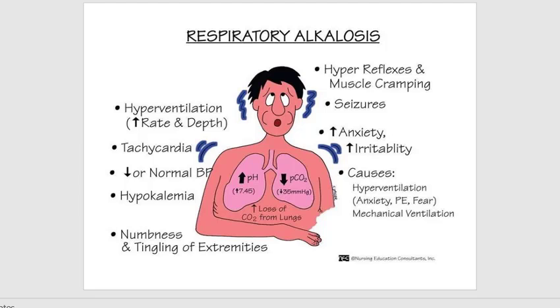It can't measure whether it's making you acidotic or alkalotic. So we may program that ventilator to breathe too fast for that patient, and we won't know we're putting them into an alkalosis until we check their ABG. So mechanical ventilation can cause alkalosis by breathing too fast for the patient. And then we can also have a patient that's hyperventilating because of anxiety.